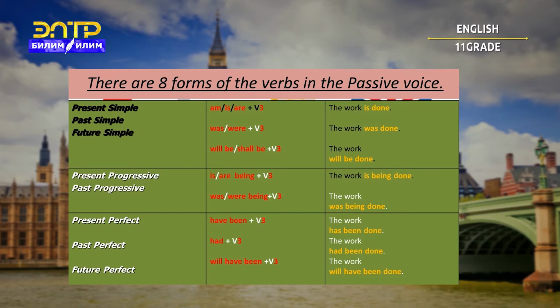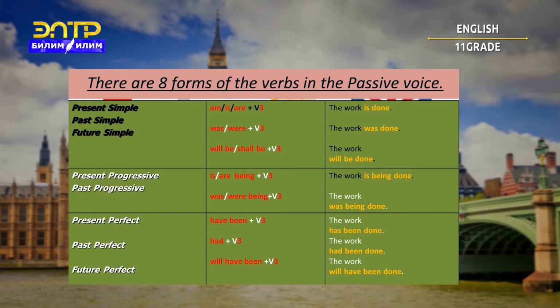In present progressive: is, are, being plus verb in third form. Example, the work is being done. Past progressive: was, were, being plus verb in third form. Example, the work was being done. Present perfect: have been plus verb in third form.